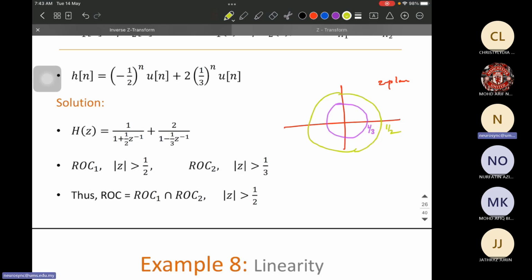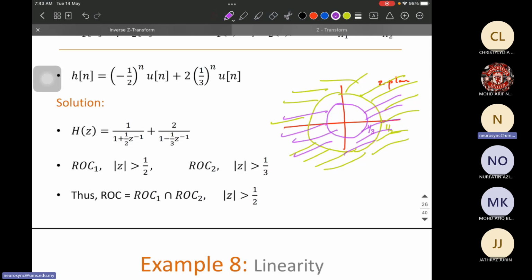Okay, so we have the Z greater than 1 by 2 and greater than 1 by 3. So what is the intersection of this? The intersection will be this ROC, that is the outer extreme ROC. So the intersection of these two ROCs will be modulus of z greater than 1 by 2. Okay.